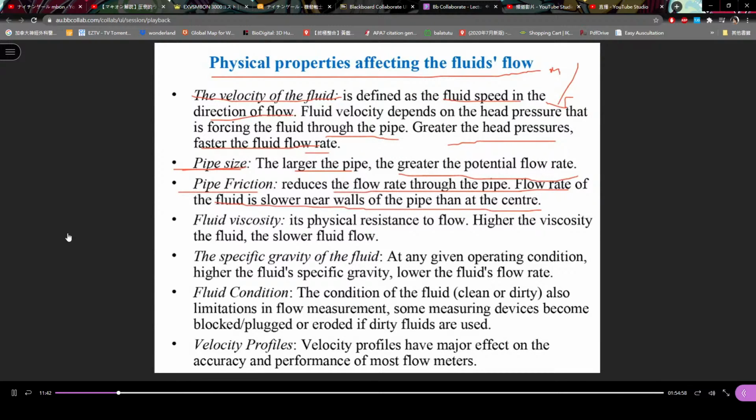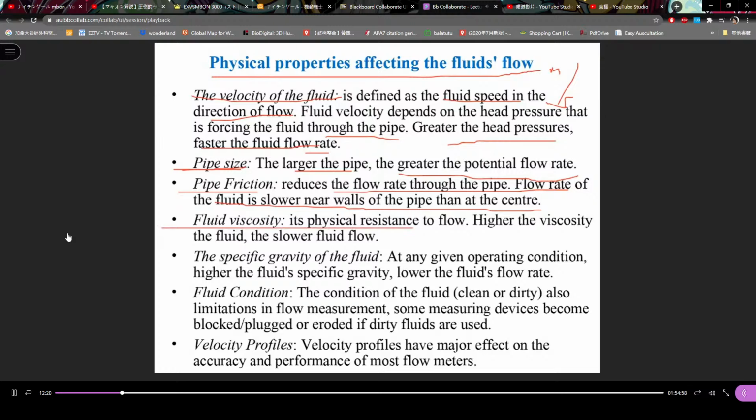Yes, because of the friction between the fluid and the inner wall of the pipeline. Same as I mentioned with the river. If you want to go upwards in a ship, the ship tends to go near the bank, near the shore, because the flow is slower and the friction is less.